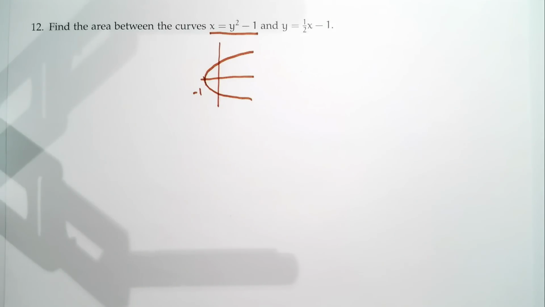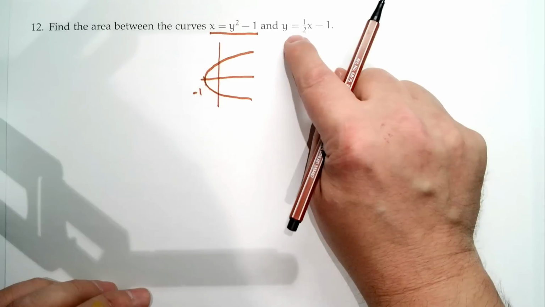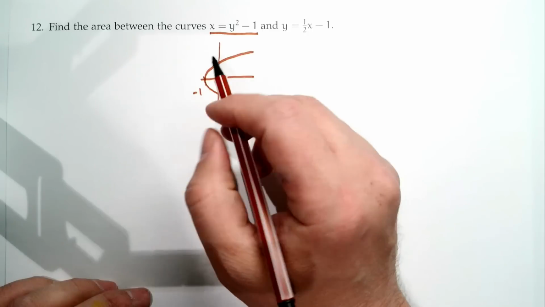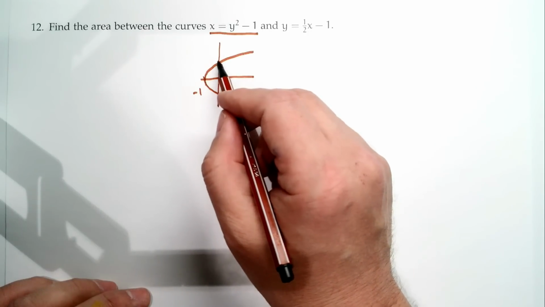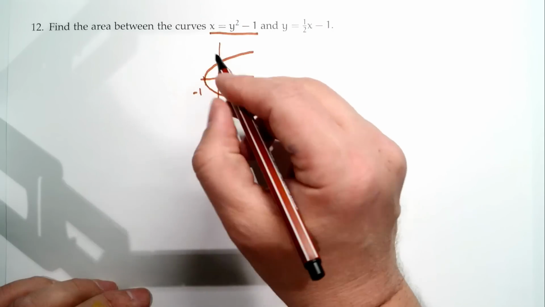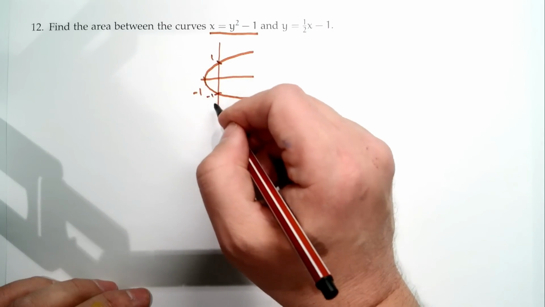Y equals 1/2 x minus 1 is a little bit easier to figure out. It has a y-intercept at negative 1. Where does the parabola cross the y-axis? If we set x equals 0, we get y squared minus 1 equals 0, so it crosses at positive 1 and negative 1.